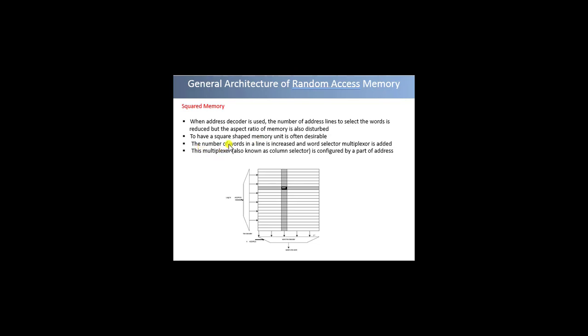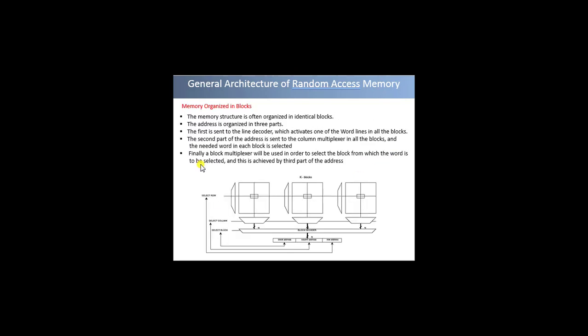To achieve this, the number of words per line is increased, and we have a word selector multiplexer which selects one of the many words present in each row of the memory. This multiplexer is also known as a column selector, and its select signals are a part of the address specified by the user. In order to satisfy the need of large memory words per location, often the memory is organized into blocks.